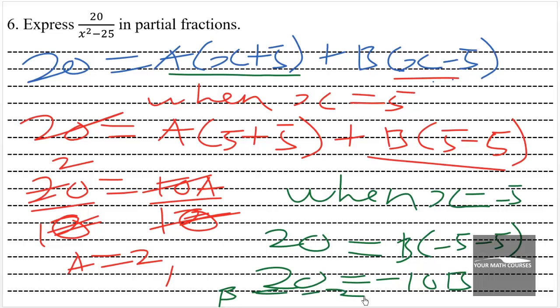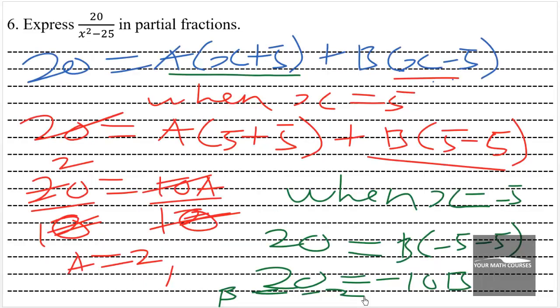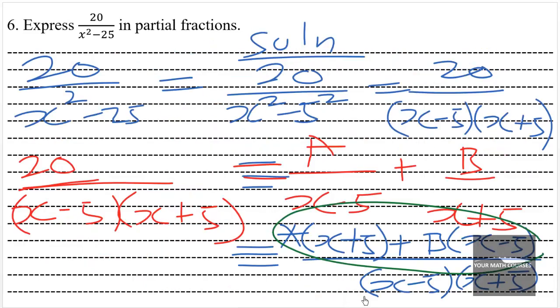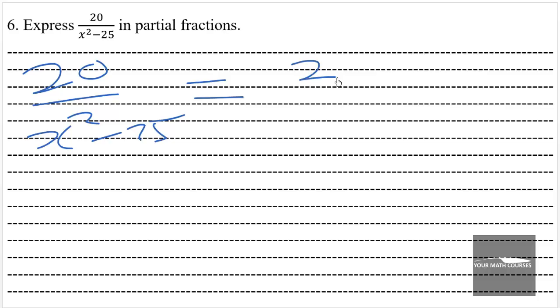So if b is negative 2 and a is 2, then the partial fraction becomes a equal 2 over x minus 5 minus 2 over x plus 5. So 20 over x squared minus 25 is equal to 2 over x minus 5 minus 2 over x plus 5.